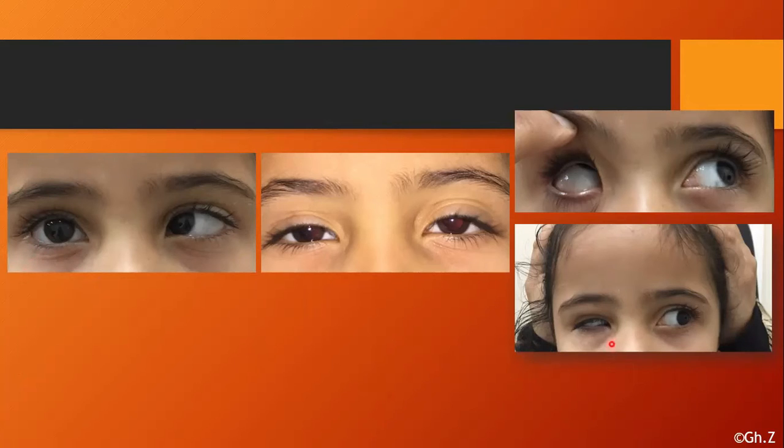But also this child has a problem looking to the left because of this downshoot or upshoot. So this child has two problematic gazes. The right gaze, because the right eye can't abduct, and the left gaze, because of this vertical misalignment, because of upshoot or downshoot.